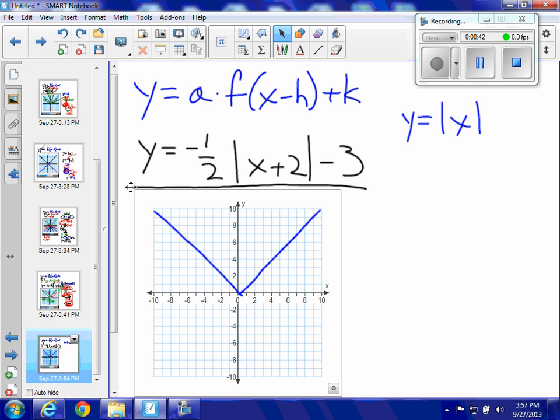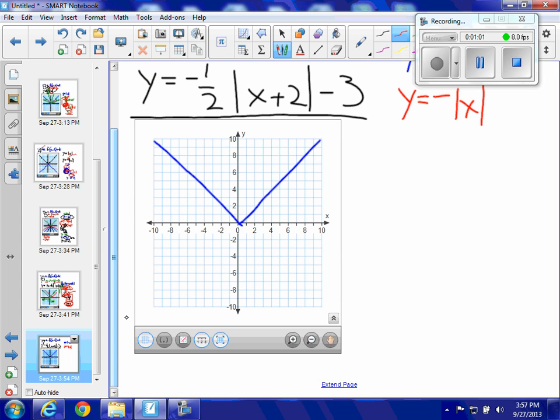I am going to work from left to right. It's easier on your brain. So the first transformation I am going to do is y equals negative absolute value of x. If there's no negative sign, I don't do anything. If there's a negative sign, every single one of my y values is going to be changed to its negative.